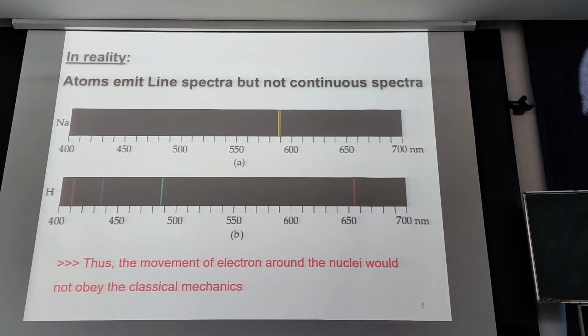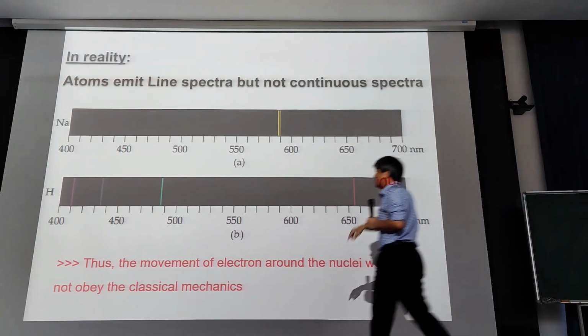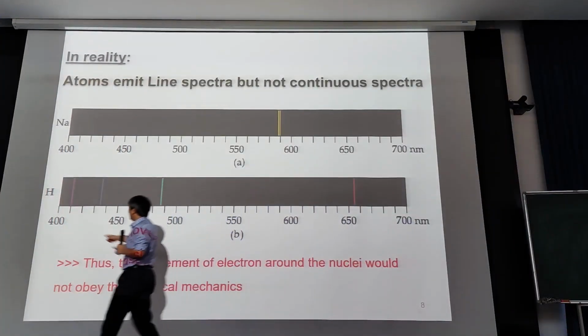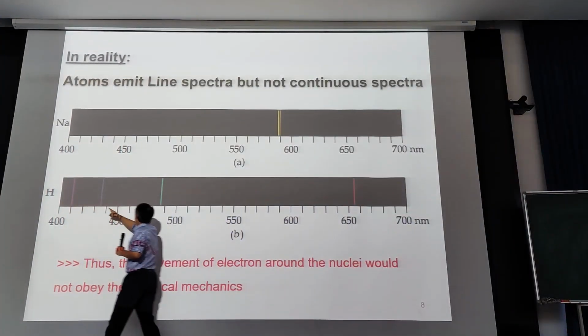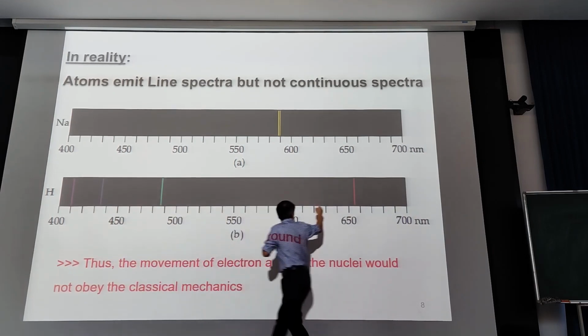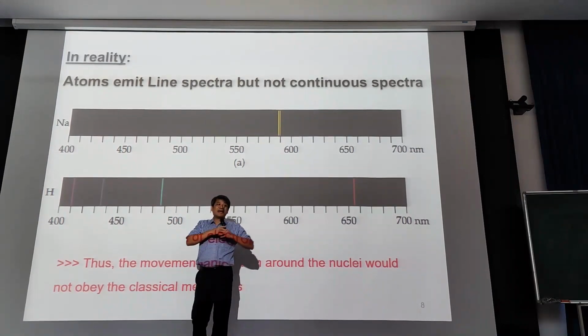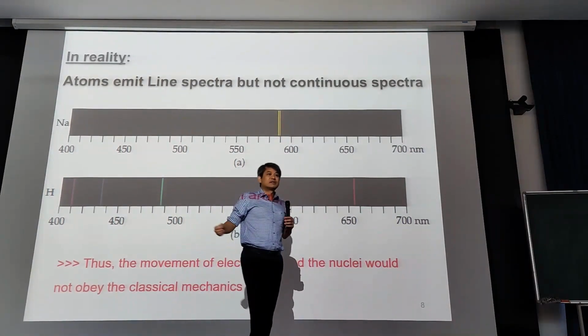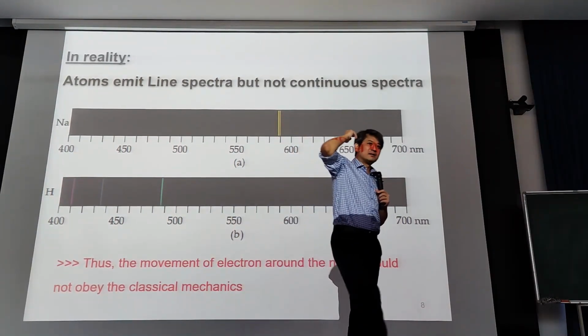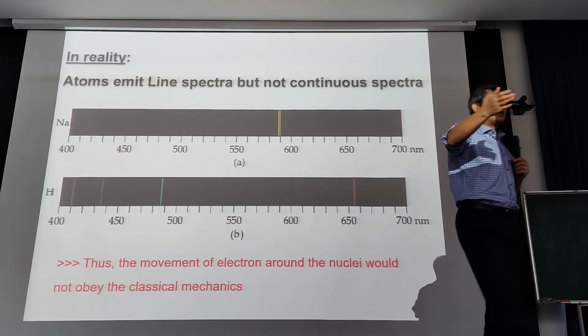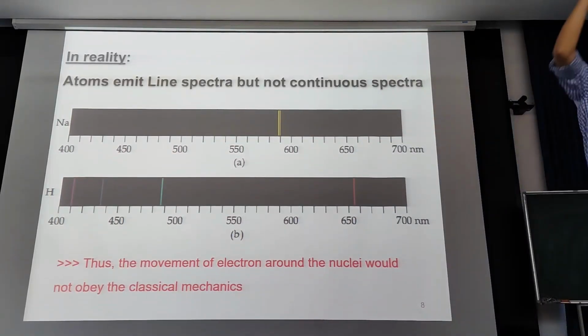Second, instead of having a continuous spectrum in the case of hydrogen, you have emission of only this wavelength, this wavelength, this wavelength, and this one. In between, you cannot see any emission. So instead of one continuous spectrum, you have only a few wavelengths emitted.